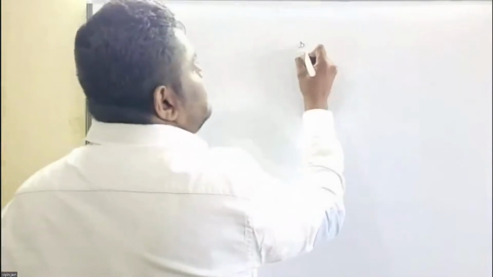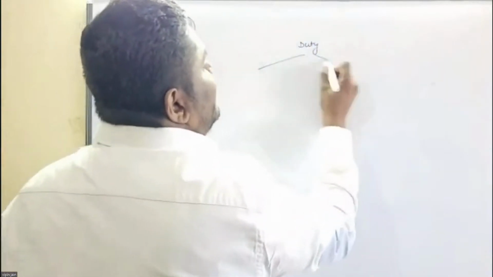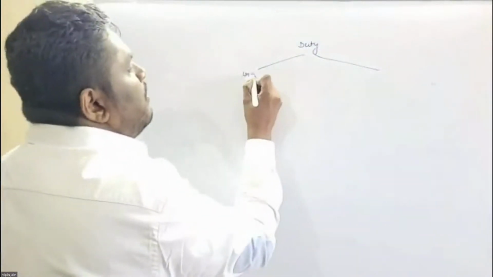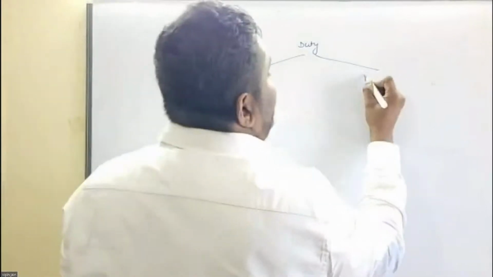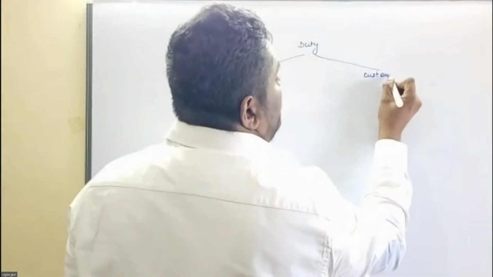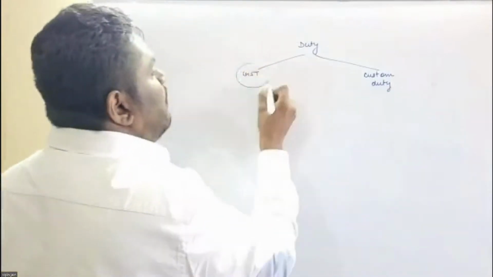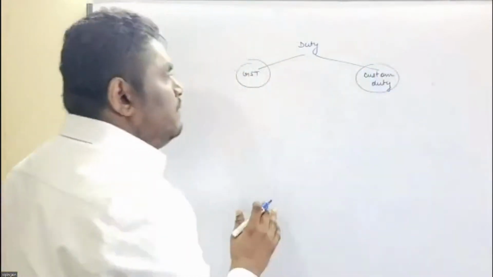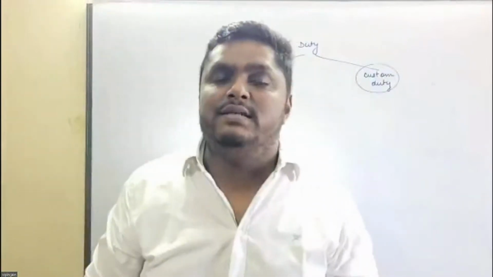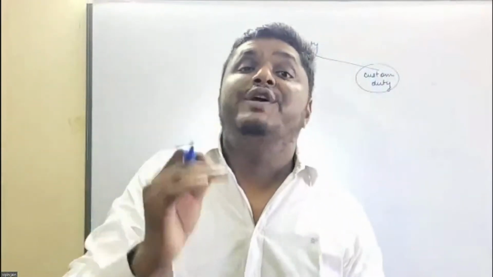But very important, guys, a point I need to discuss when talking about duty. We have discussed two types, that is GST and customs duty. What if the question is silent?